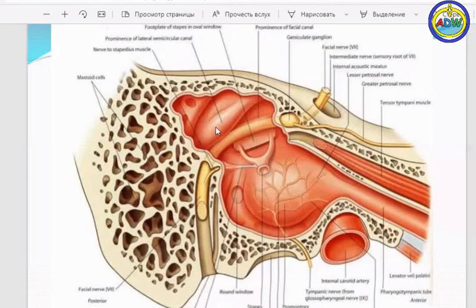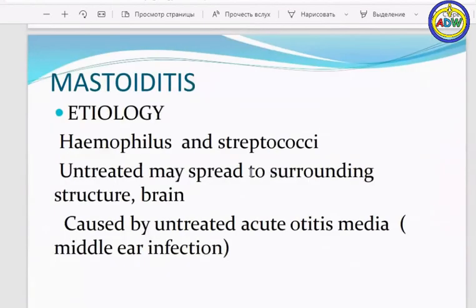When we press the tragus, and fluids, if present, for example drops we put in the ear, or during oral toilet, some of the fluids or air may spread through the lateral semicircular canal, irritate it, and the patient has vertigo and vomiting. Okay, this is because all these structures are located nearby.